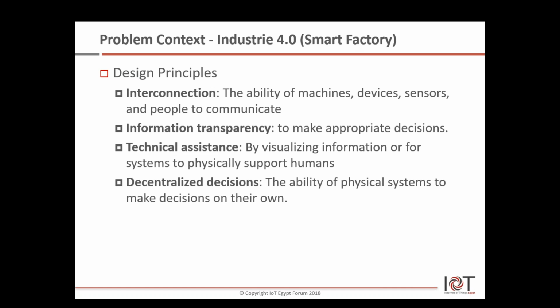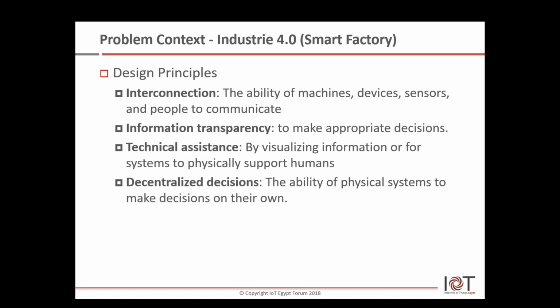And what does that mean? Of course, the interconnection is mainly the interconnection between things like machines, devices, sensors, and people. So we are talking about IoT, Internet of Things, and IoP, Internet of People. The second principle is information transparency, to make appropriate decisions.